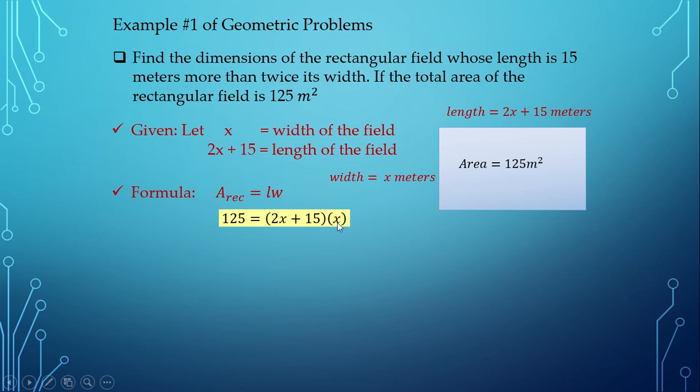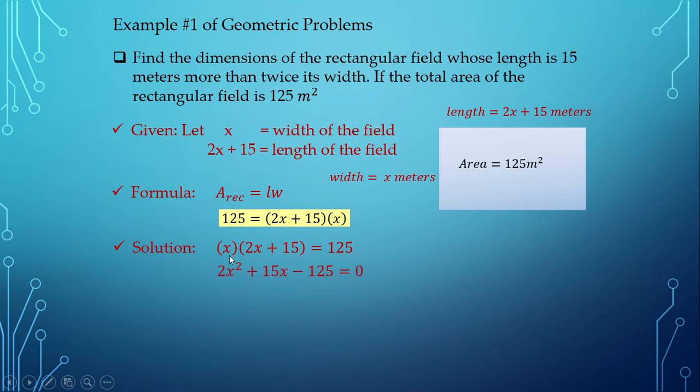Or, it is reversible, since it is commutative, no? Or reflexive property. By solution, we can rewrite x times 2x plus 15 equal to 125. But the original can also be used. But in this manner, I'll just put the constant on the right side.